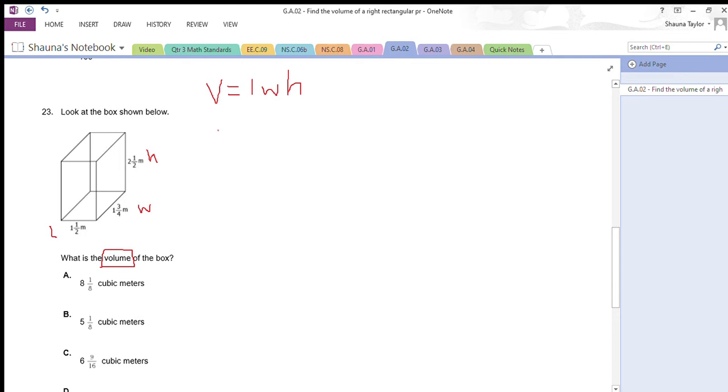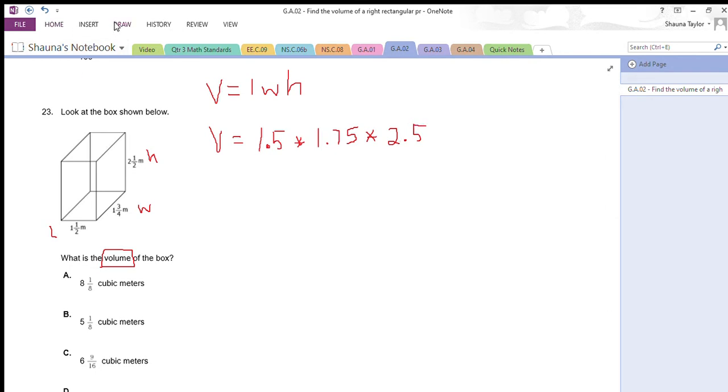Okay? So volume equals, so 1 1/2, that would be the same as 1.5 times 1 3/4, which is 1.75, because if you have 3/4, that's like 75 cents. Okay, and the last one's 2 1/2, so that's 2.5. So you guys with me?